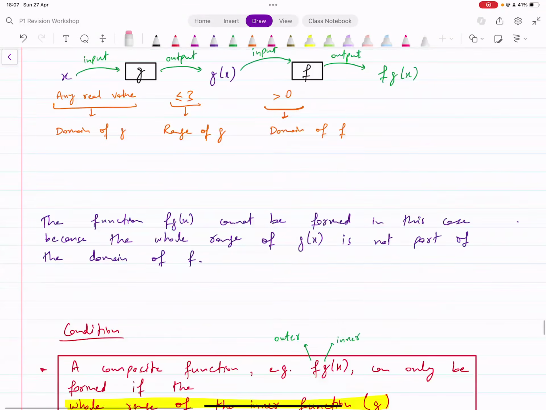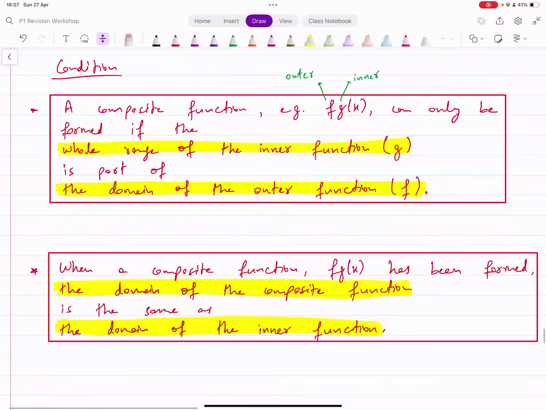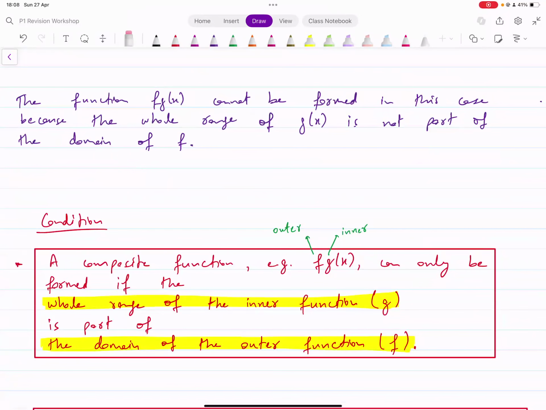Now, the summary of all of that is this condition that we've got. A composite function, for example, fg of x, can only be formed if the whole range of the inner function, in this case g, is part of the domain of the outer function. If this condition is met, then the composite function can be formed. If this condition is not met, then the composite function cannot be formed.